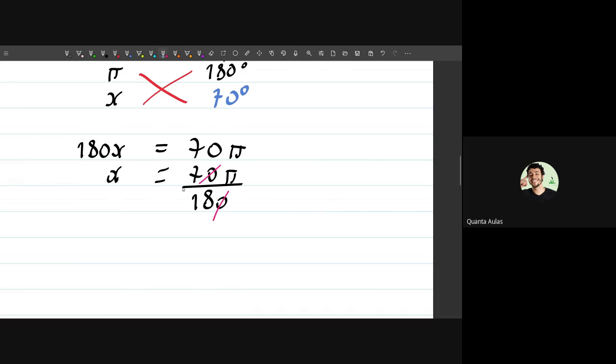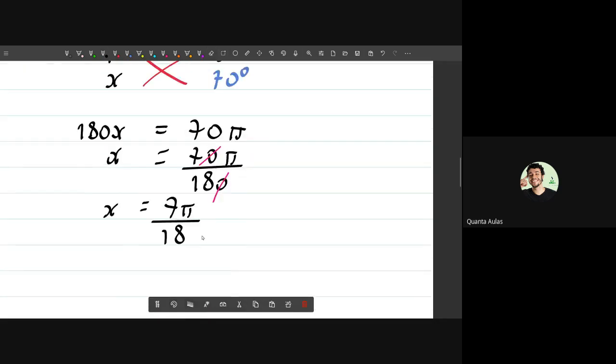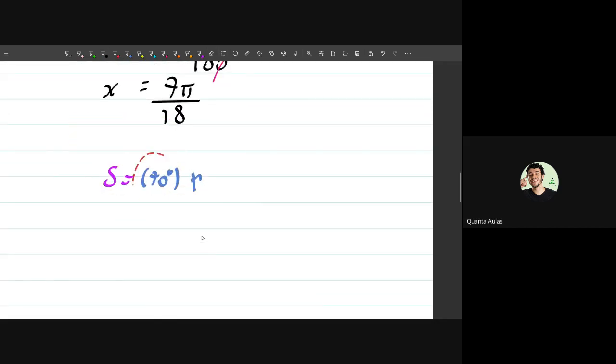So 70 degrees in radians is 7 pi divided by 18. So we can take this equation, erase this and put this.